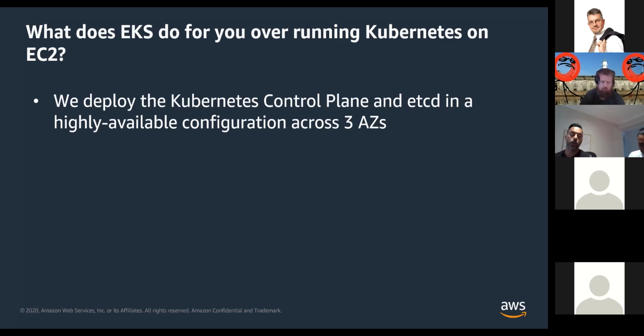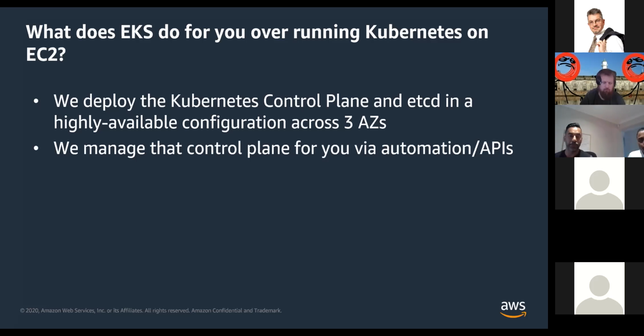If you are doing a Kubernetes deployment on AWS yourself on EC2, you may have to spin up EC2 in one AZ, the second AZ and the third AZ, make them talk to each other, and make sure that everything is highly available. Whereas if you go to EKS, it's out of the box. You get that three AZ deployment for Kubernetes.